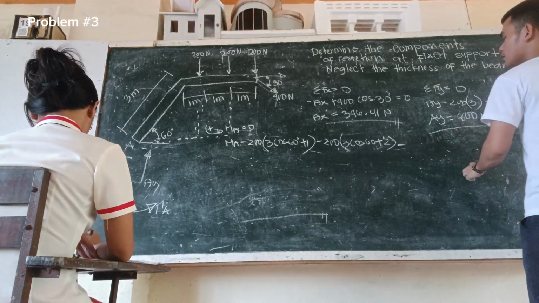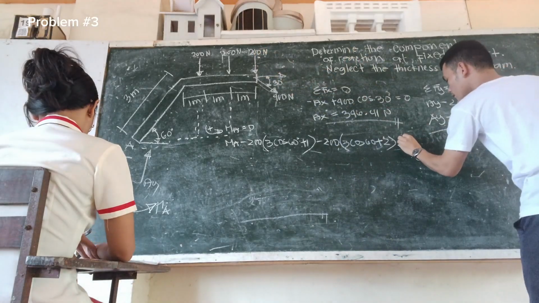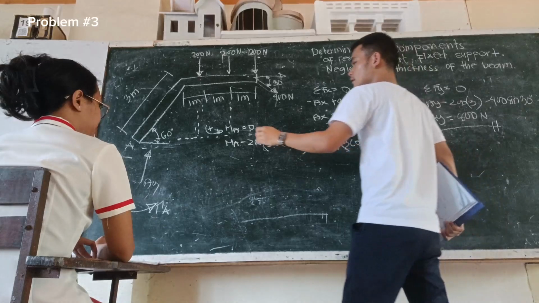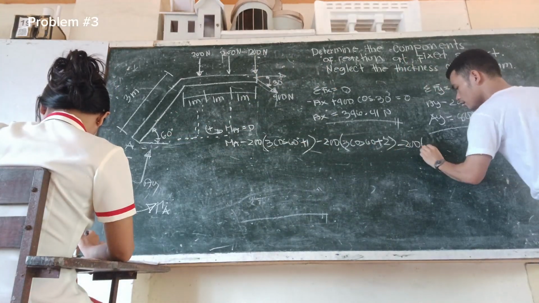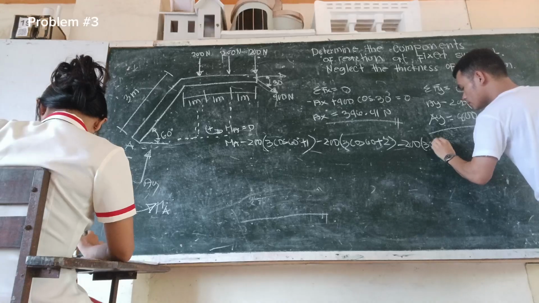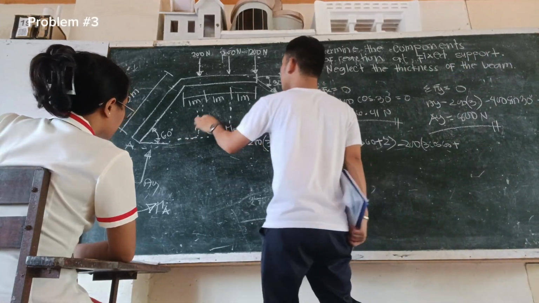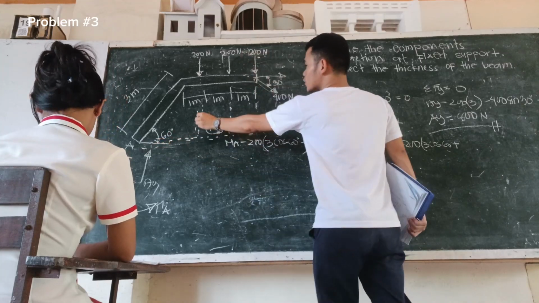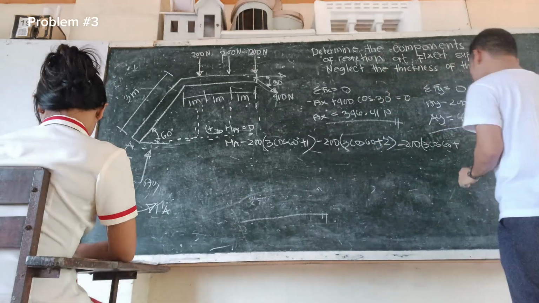Next is this one, minus 200 times 3 cos 60 plus the distance from point A to the third magnitude, so 1 plus 1 plus 1 is equal to 3.